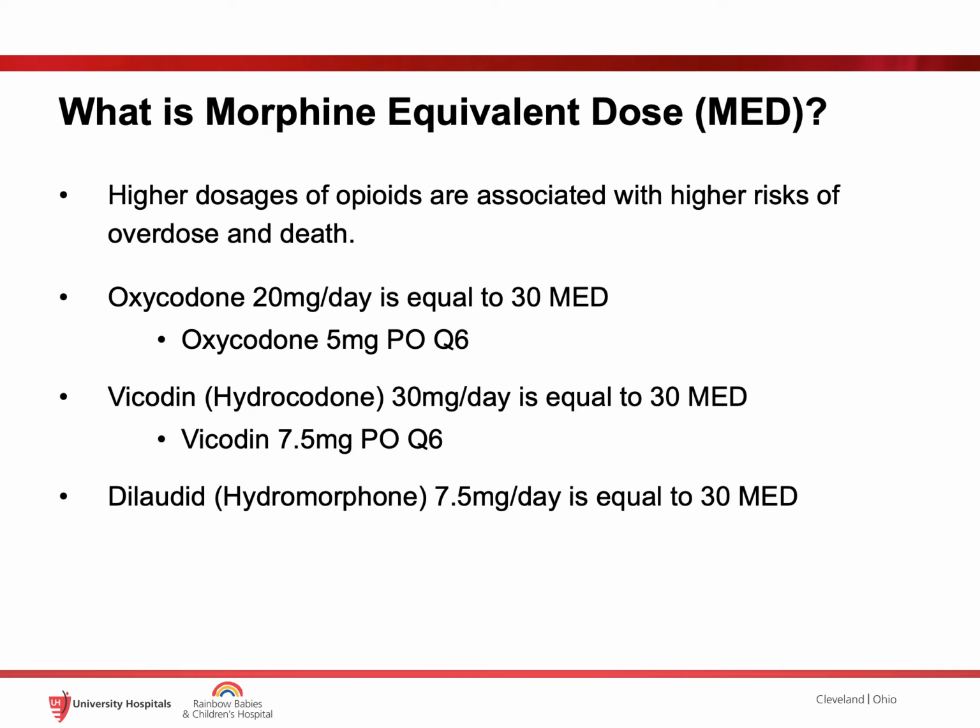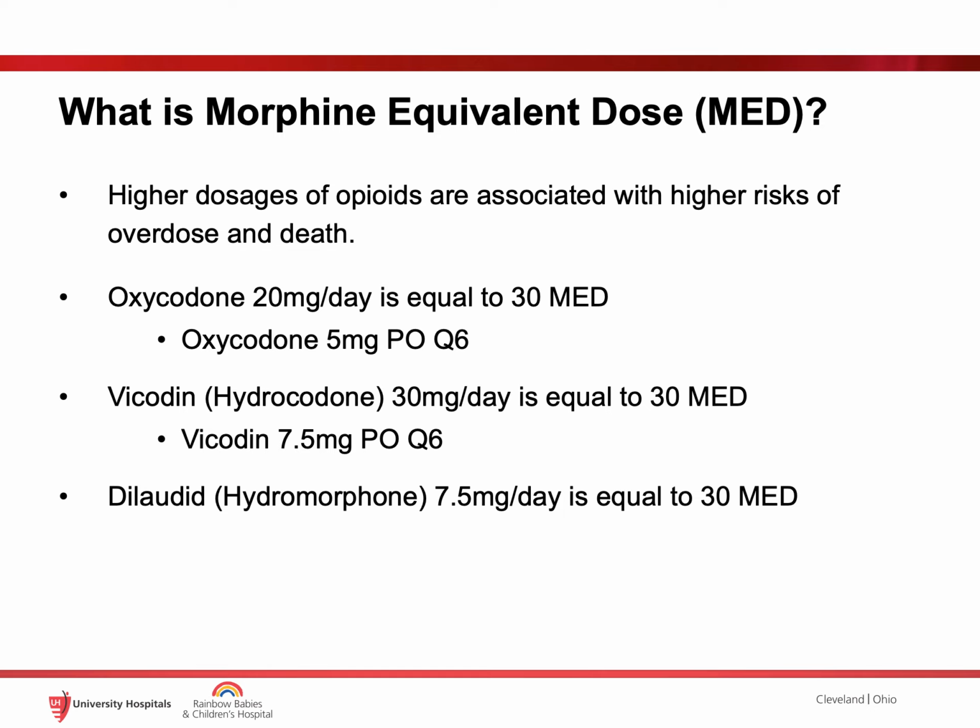So morphine equivalent doses: what does 30 MEDs really calculate out to be? If you write for oxycodone 5 milligrams PO every 6 hours, that is going to be equal to 30 morphine equivalent doses. Vicodin is going to be 7.5 PO Q6, and Dilaudid is going to be 7.5 milligrams per day.